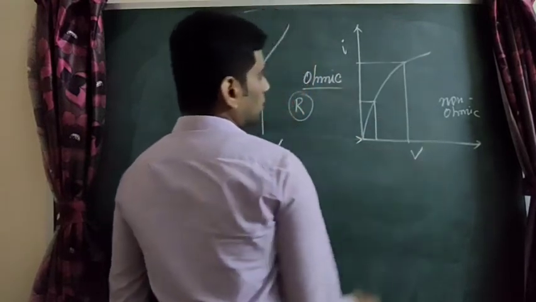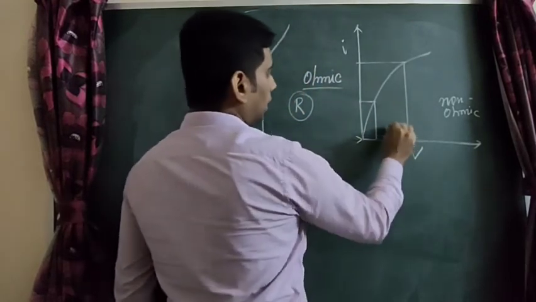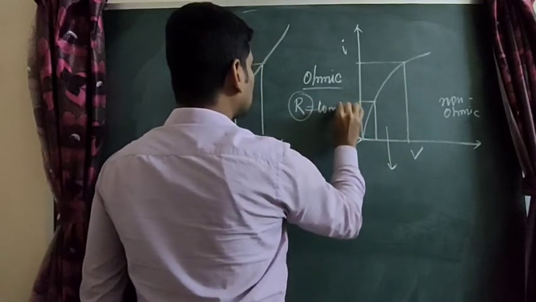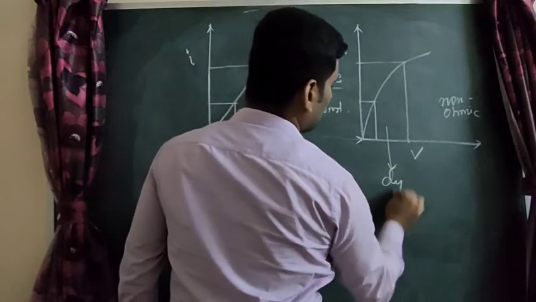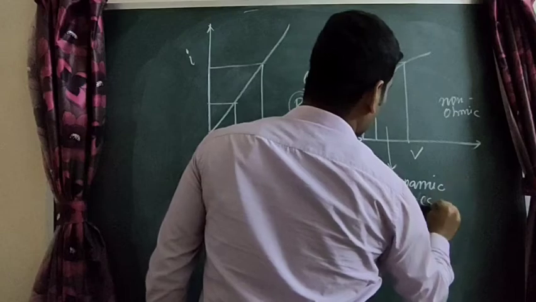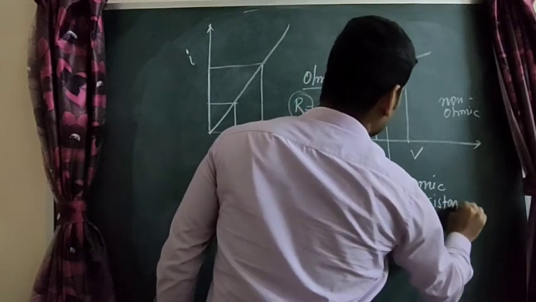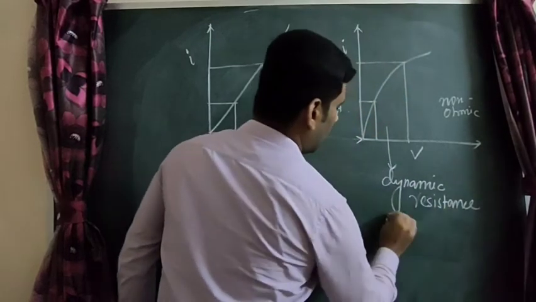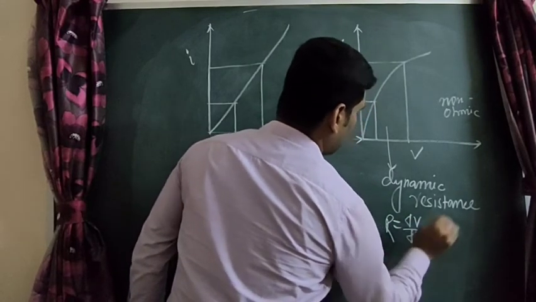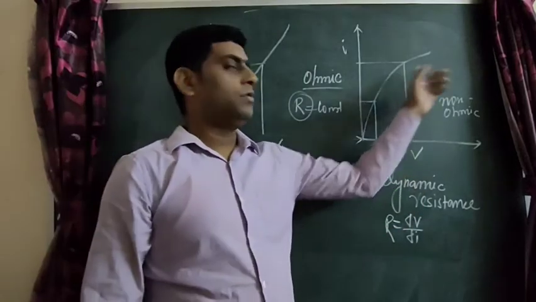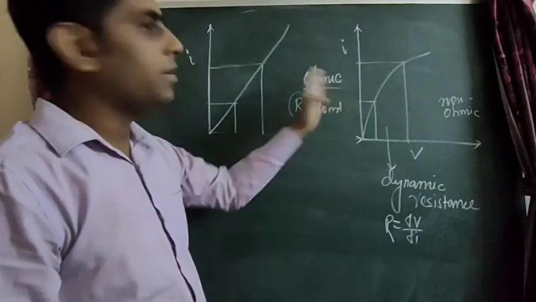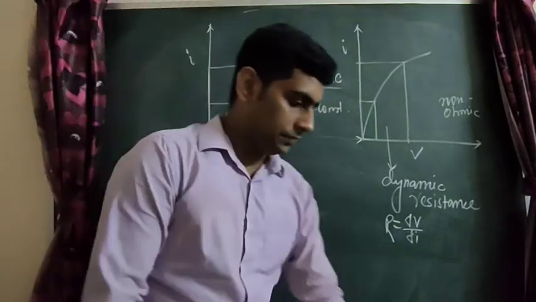Here the resistance is constant, but here the resistance is dynamic, it changes. This R, delta V by delta I, changes from point to point. So this is dynamic resistance in case of a non-ohmic resistor, and in case of an ohmic resistor you get constant resistance.